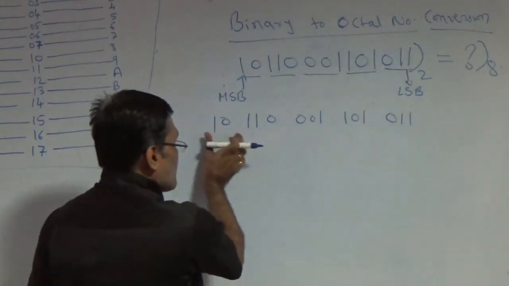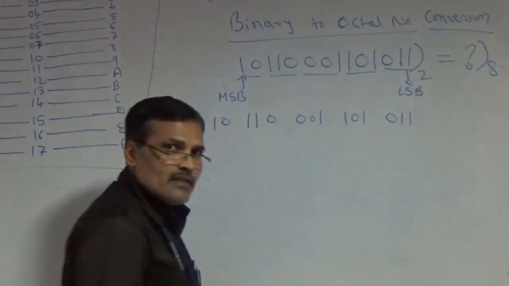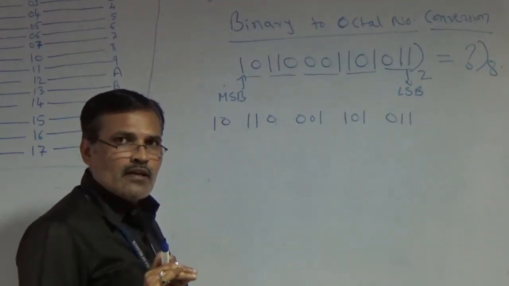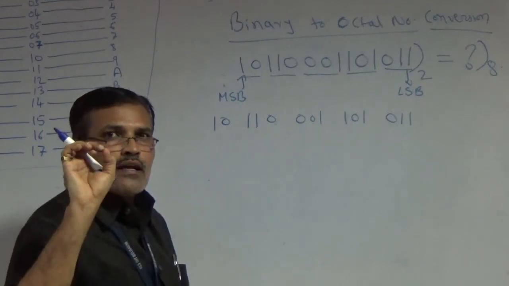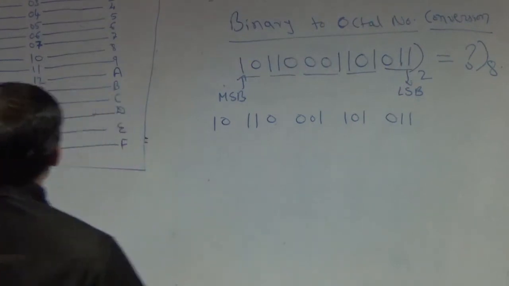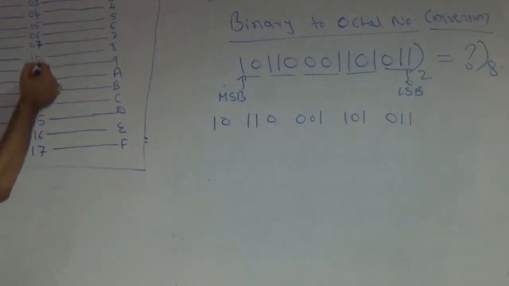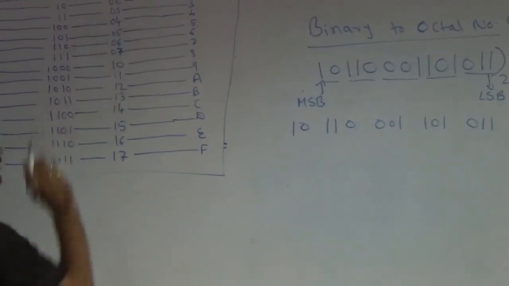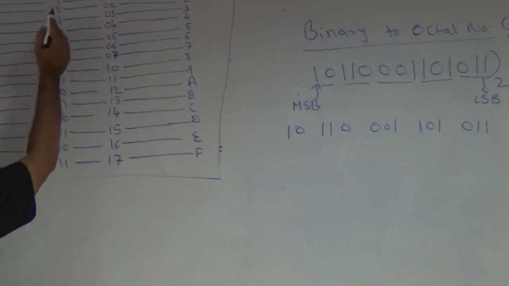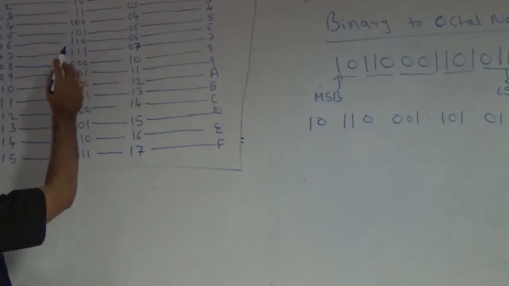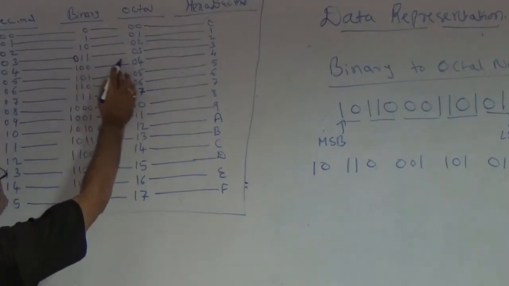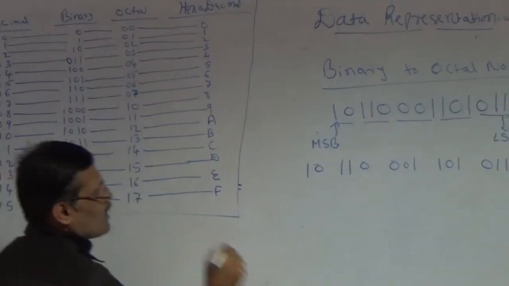Just now you have made the groups of 3 bits. Just replace each of these 3-bit groups with the equivalent octal symbol. This is our octal system, 0 to 7. So 0, 1, 1 is nothing but 3 in the octal number system.